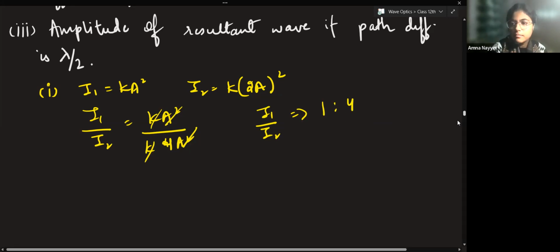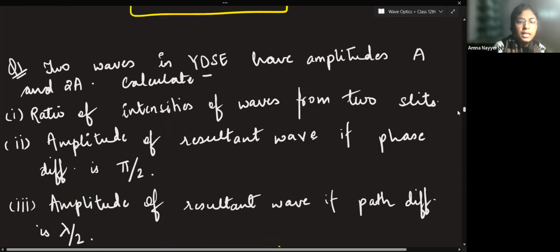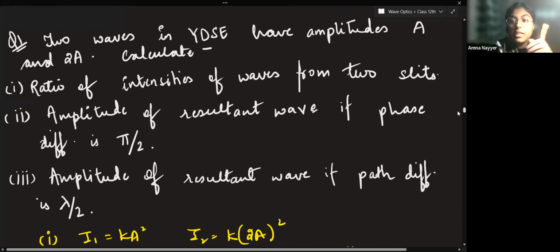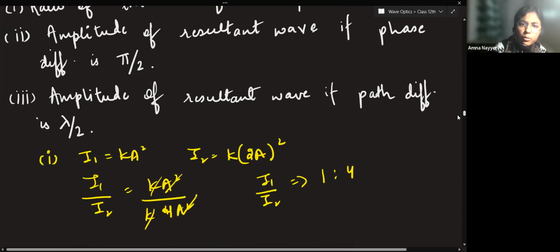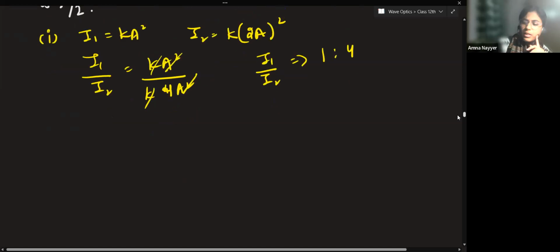Second part. Amplitude of resultant wave if phase difference is pi by 2. Phase difference is given, amplitude of resultant wave. A you know, B you know, A is A, B is 2A. Phase difference phi you know, simply you have to put it in the formula class. This is a good question from the application perspective.